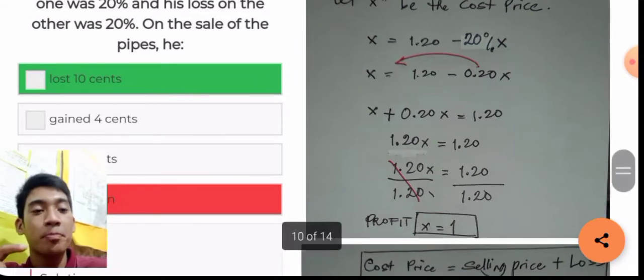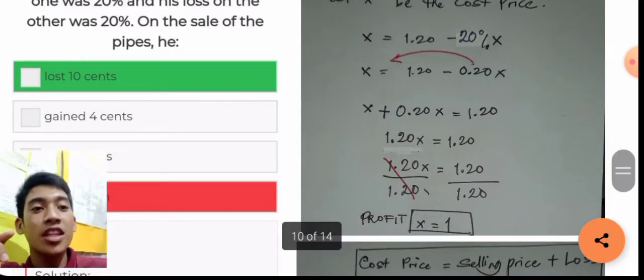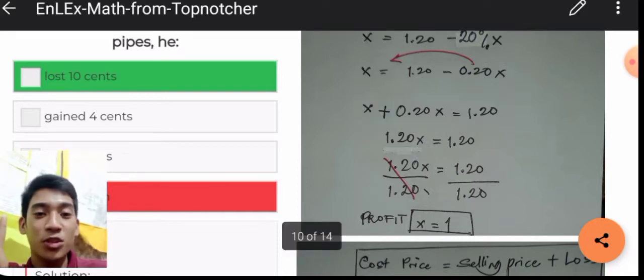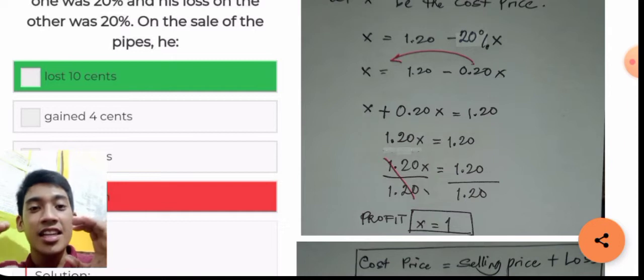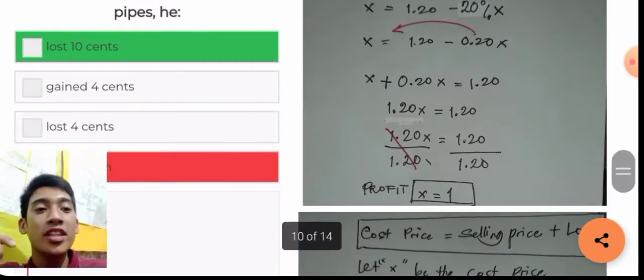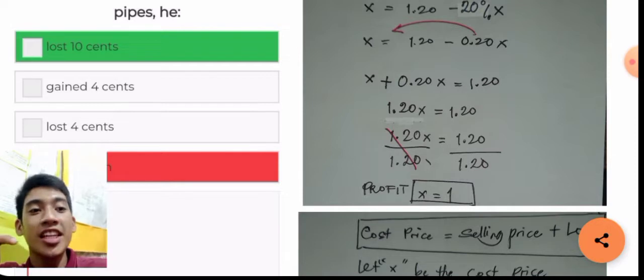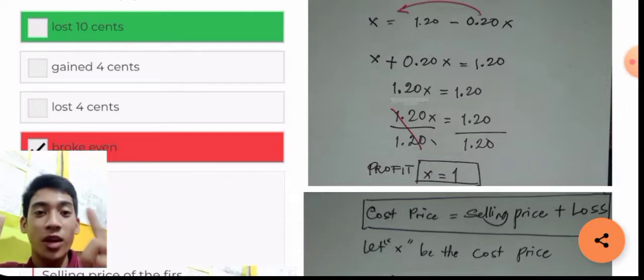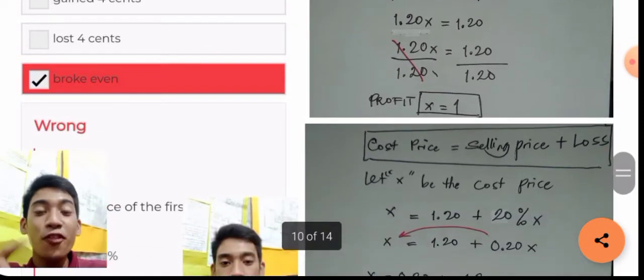X plus 0.20X will give us 1.20X, because our X is equivalent to 1. They are like terms, so we add. Then divide both sides by 1.20 to get our X, which is 1.20 divided by 1.20, simply giving us 1. So the cost price here is $1 for our profit.